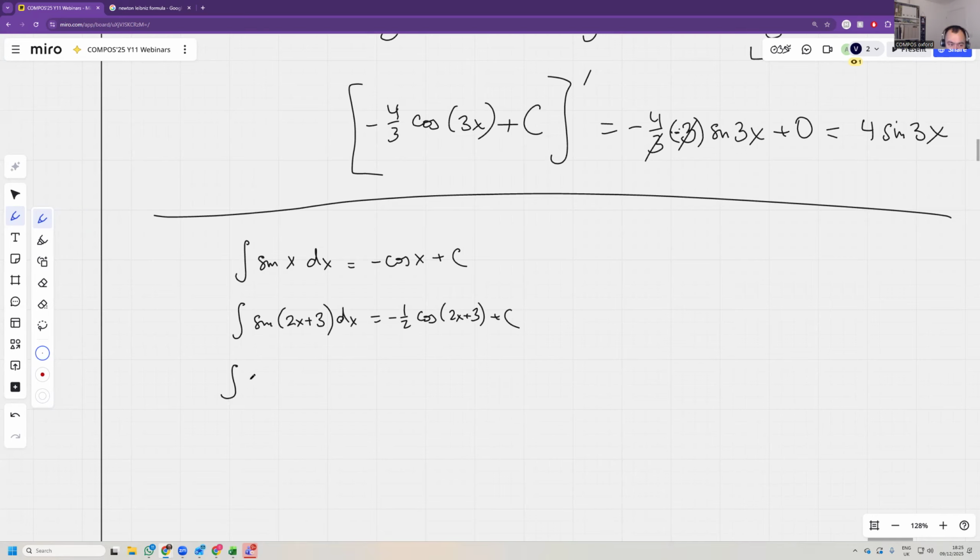The integral of sine(4 minus 5x) dx is going to be minus 1 over minus 5 cos(4 minus 5x) plus c, which can be simplified as 1/5 cos(4 minus 5x).